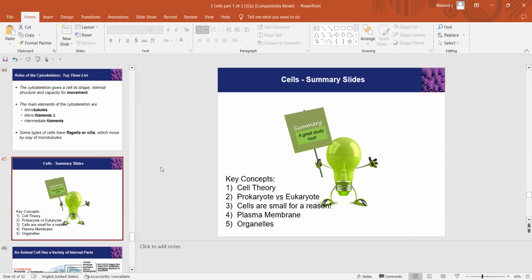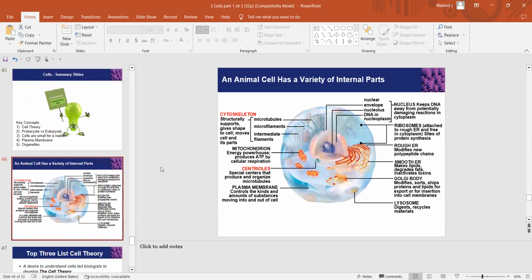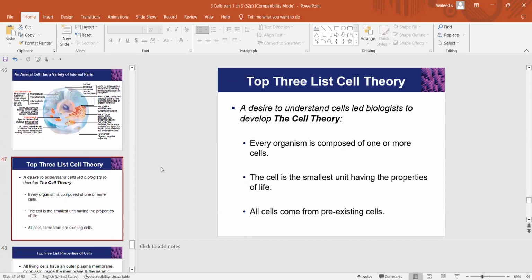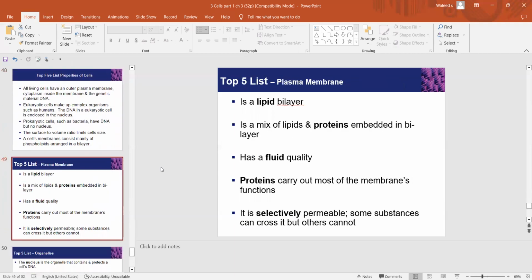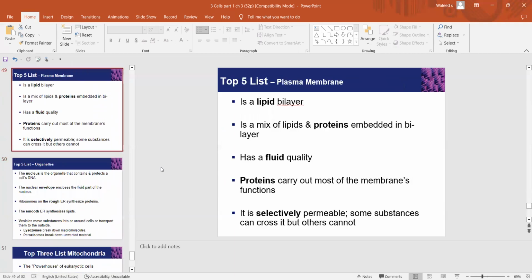I was saying that if you don't know the summaries, you will not be able to answer the questions. So after you're done, you should go through the summary. It's just going through what we already mentioned, but with a big focus on the main or most important points. You should know every single word here. What should I know about the plasma membrane?